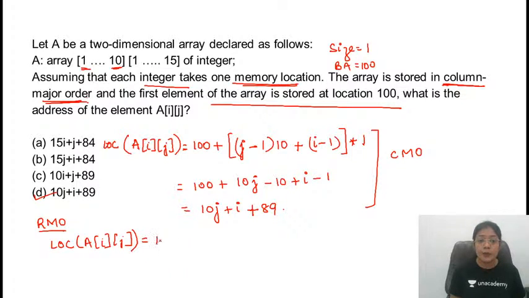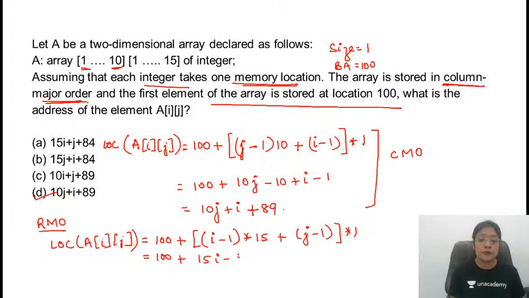Is equal to base address is 100 plus row major order. Now we are working on row major order, so required row number is I, starting row number. In each row, how many elements are there? 15 plus required column number. Option B answer will not come by any method. 100 plus 15I minus 15 plus J minus 1.